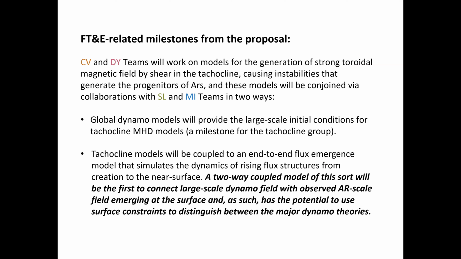Obviously, flux transport and emergence, as all the themes in COFFIES, utilize interactions between teams that haven't in the past always naturally worked together. We worked together, of course, in phase one, but the idea here is to get the folks concentrating on convection, the solar dynamo, and the physics of the surface, and folks concentrating on model integration, to all work together to better understand some of these global issues.